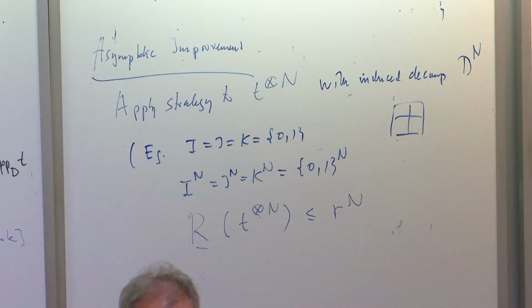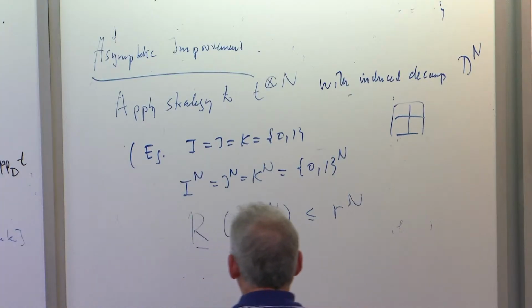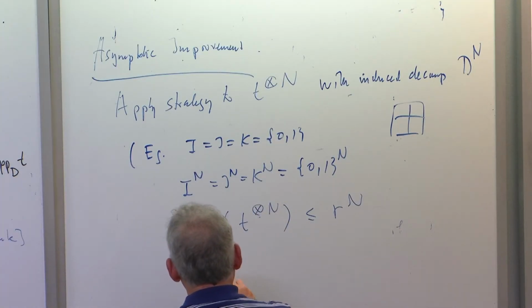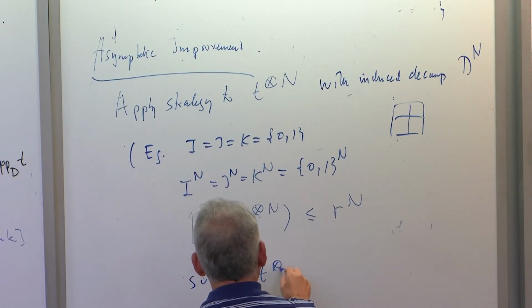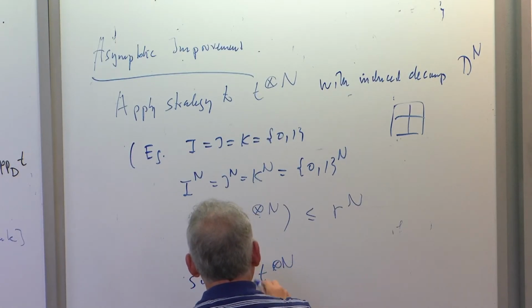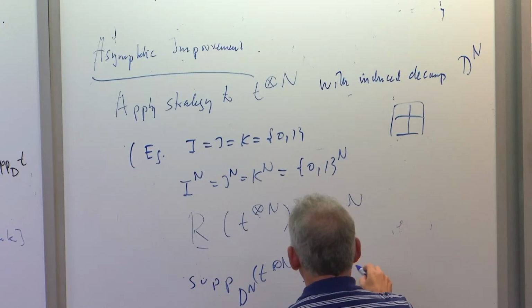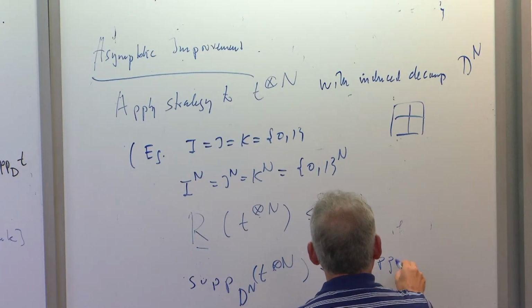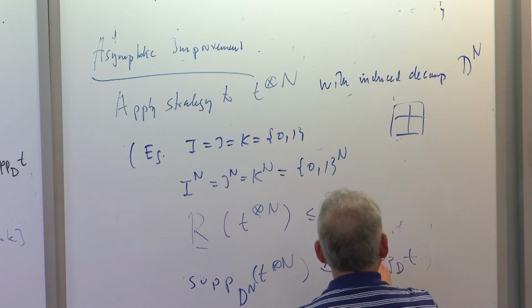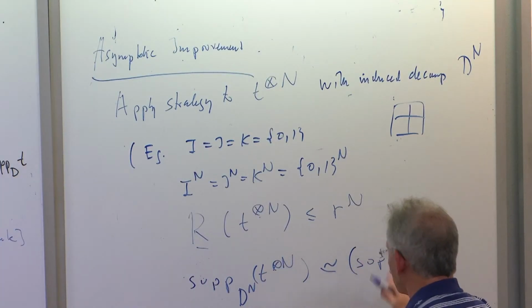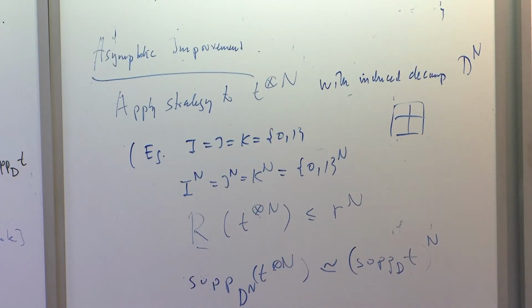We will not find the diagonal here and go to the power. This is not what we do. The support of the tensor power with respect to D to the n combinatorial is just the Cartesian product. But in such a thing, we have to find a method of producing large diagonals, and this is critical.